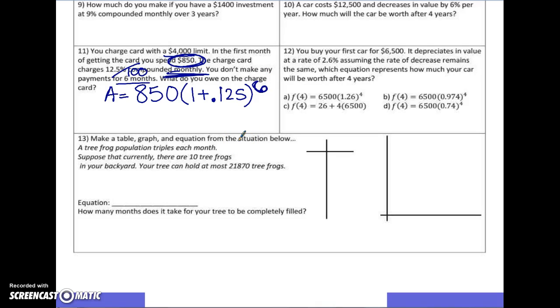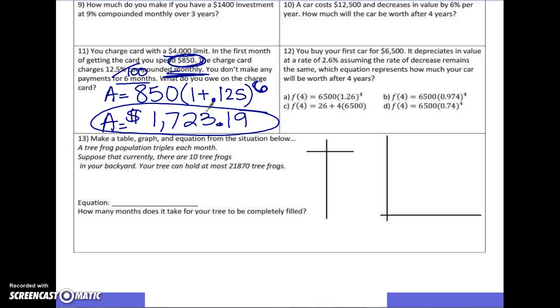It's not for a year, it's not for 2 years, 6 months. And if I find out that amount of money that I would end up paying after 6 months is $1,723.19. Charge cards are expensive if you are not paying them off right away.